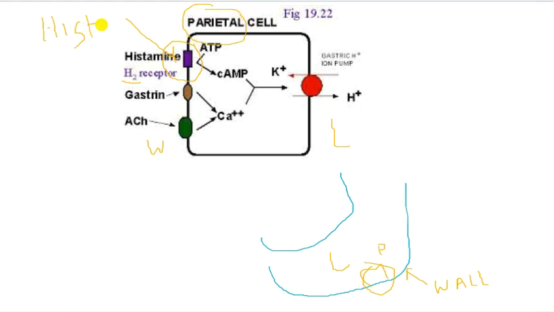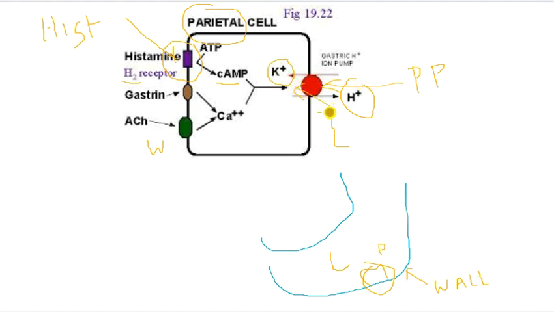So histamine can bind with the H2 receptor. Phosphorylation happens, ATP converts into cyclic AMP, which acts on the proton pump. This is the proton pump, with H plus K plus ATPase activity.